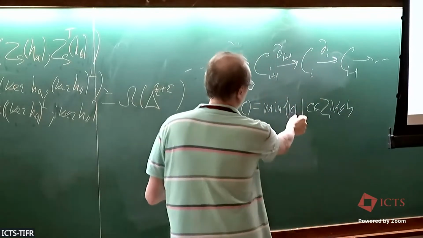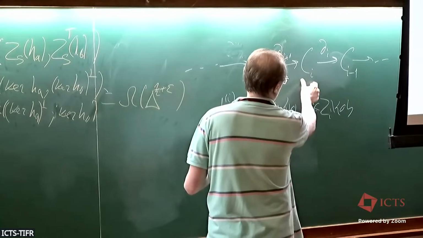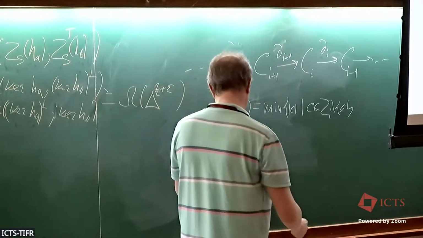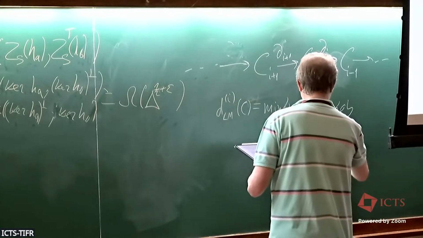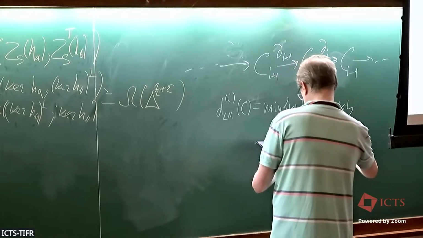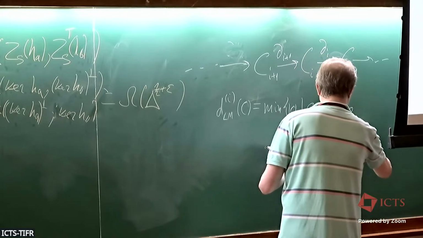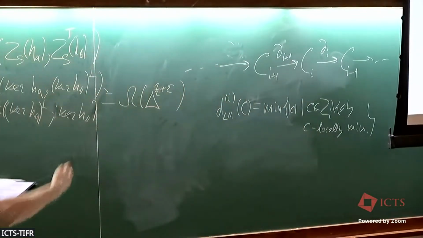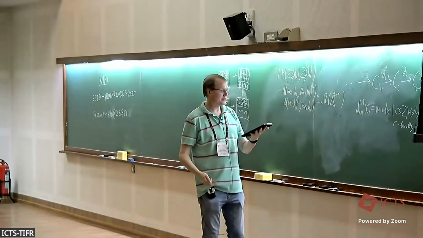So we look at the non-zero code word that satisfies this parity check matrix, which is what is called locally minimum. And the notion of local minimality is crucial to this co-boundary high-dimensional expansion, and it's defined in the following way.